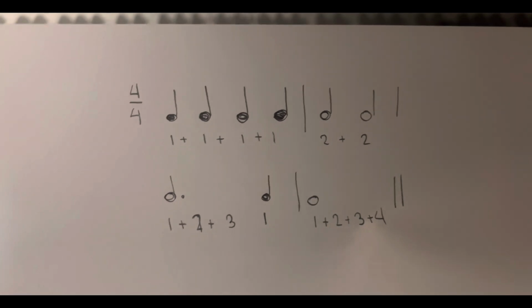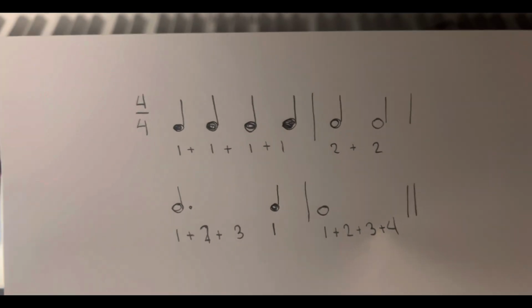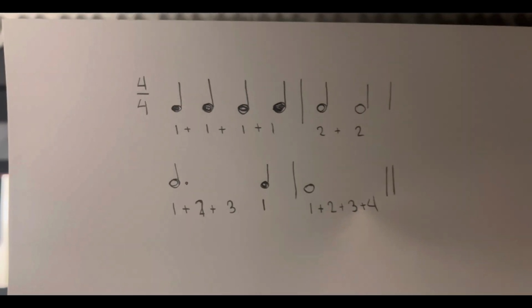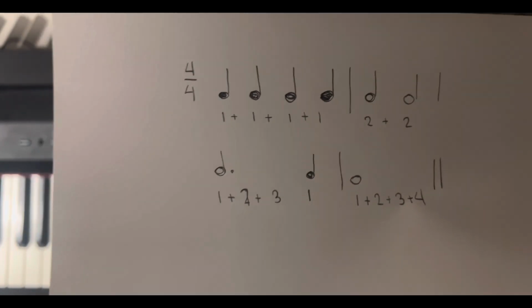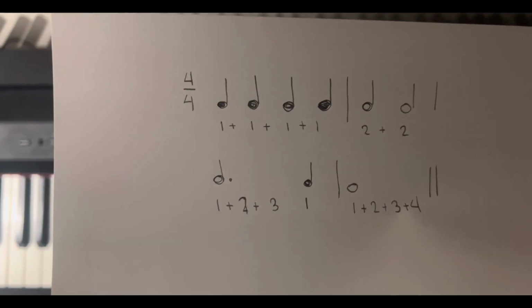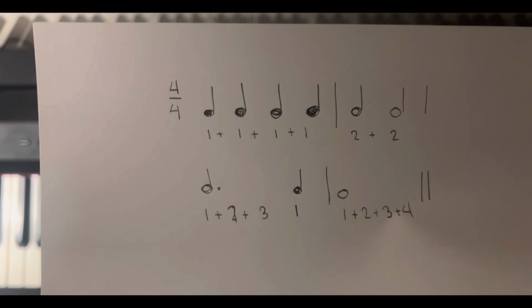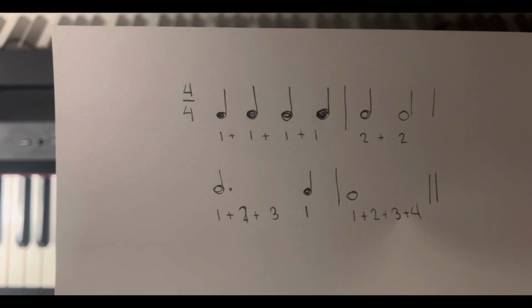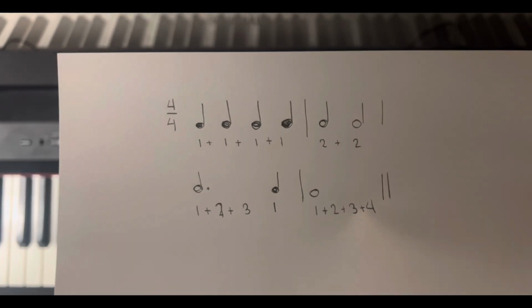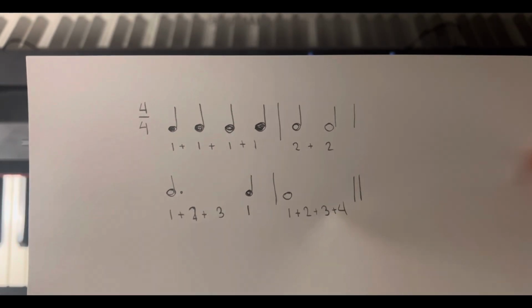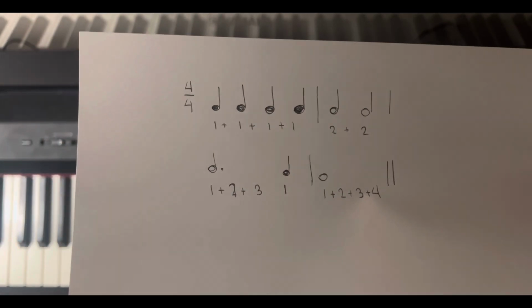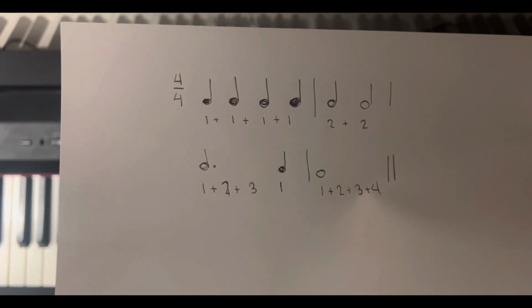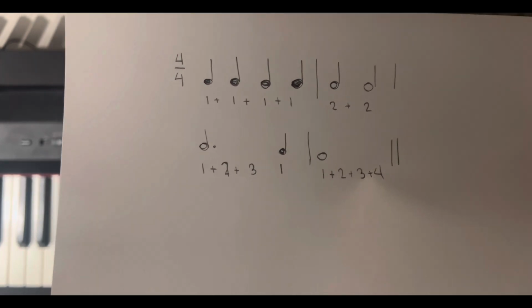Then we have a dotted half note and then a quarter note, so that's 3 plus 1 equals 4. And we know the whole note gets the full measure, and it's all by itself. This example has 4 measures, and we ended with a double bar line.